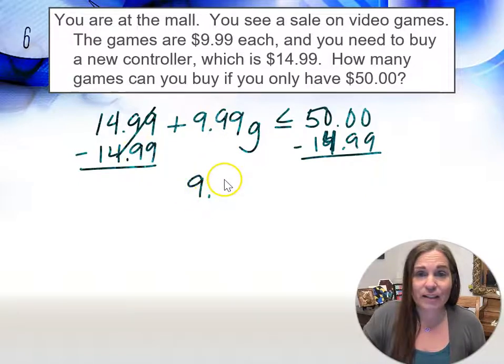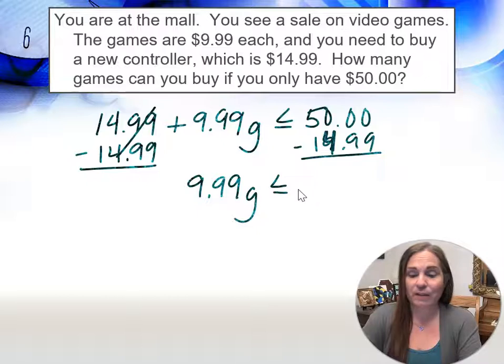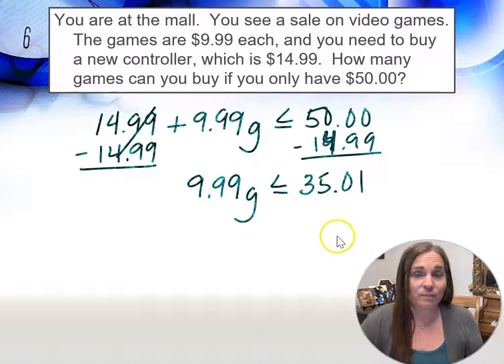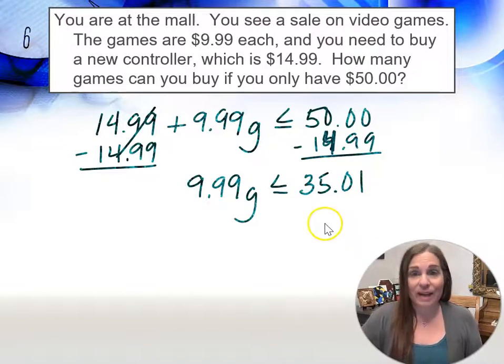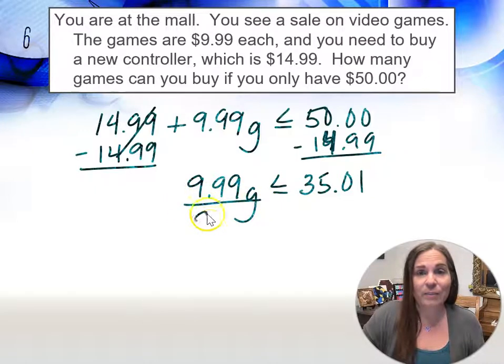So I have $9.99G is less than or equal to, and on my calculator, I'm doing 50 minus $14.99, and I get 35.01. Okay, so the last step to undo this multiplication is to divide by $9.99.